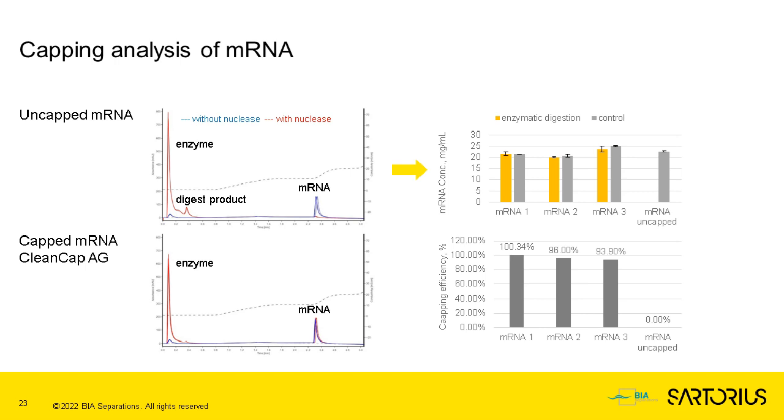And so this is an indirect validation of the method, which we then extended and coupled with the measurement of IVT productivity, to add the remaining dimension being the capping efficiency.